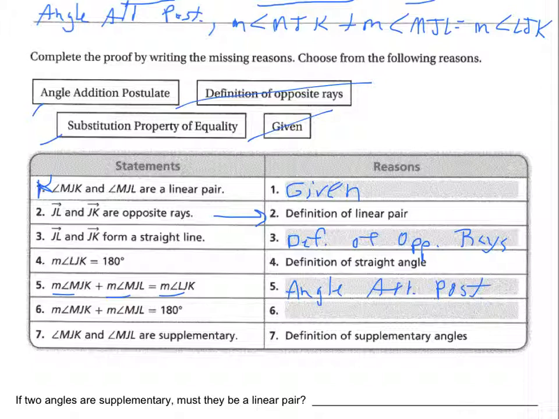Now notice that number 6, we have the same equation, except instead of the measure of LJK, we put 180. We can do that because we showed that LJK was equal to 180. So we've used substitution to write that new angle.